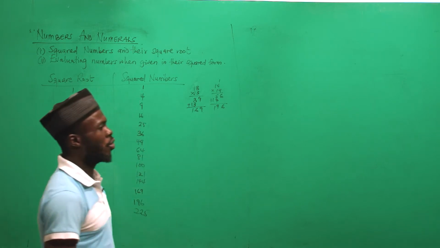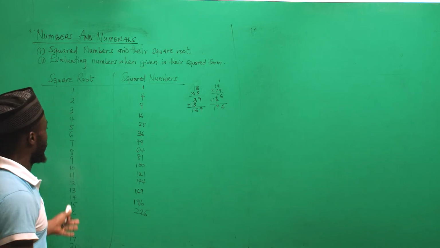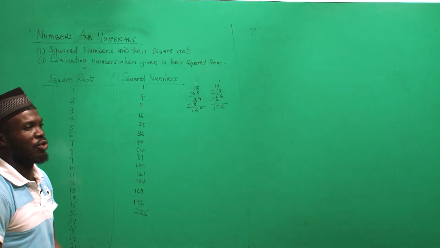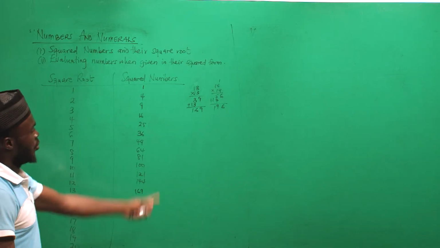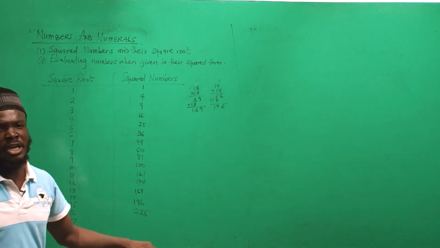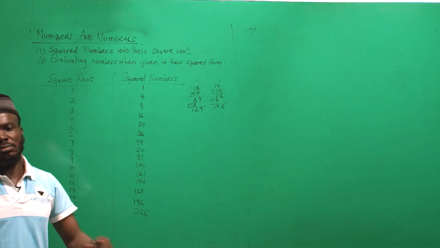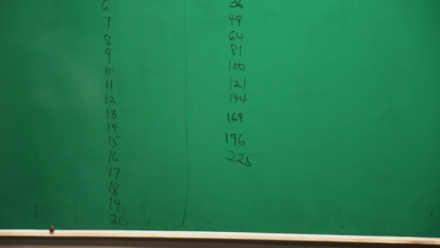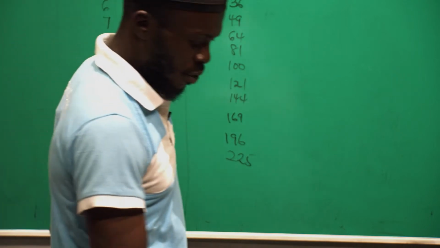When you go to examination and something like this has been given and you don't remember, you just have to do it this way. Multiply them using your class 4 or class 5 method. You get the answer, then you put it there. Where you can brainstorm to get an answer, you just take it and you leave. But when you can't remember, you use this one. You have some 1 minute more.